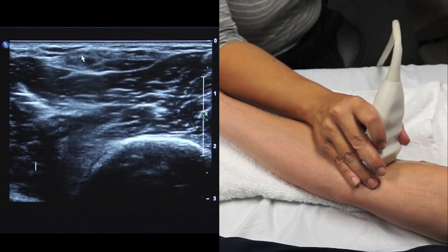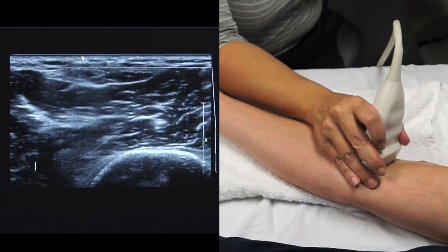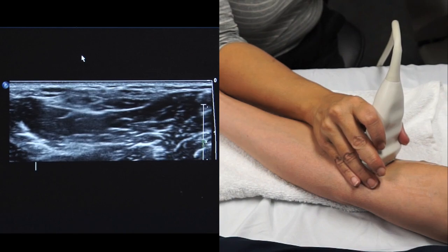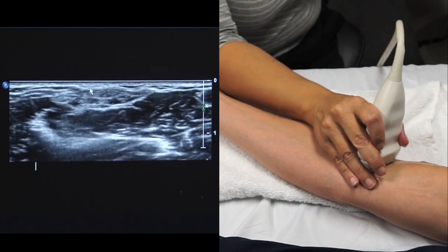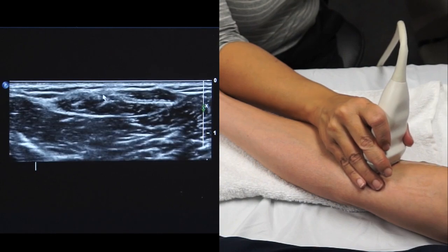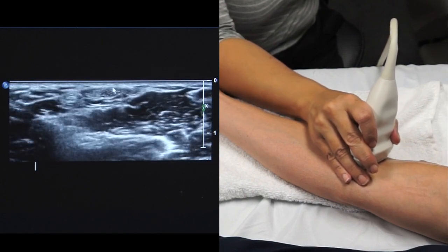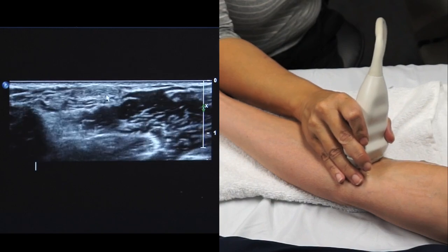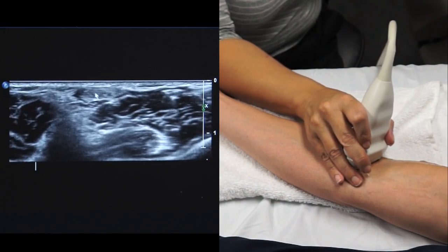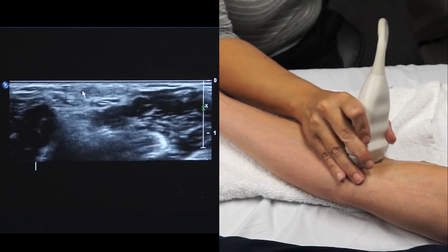Let me adjust the depth here and focus on the structure being imaged. Okay, and you can see again the muscle fibers converging to form the tendon. Here is the tendon. The tendon is hyperechoic and ovoid. You can see the fibers packed into the tendon.